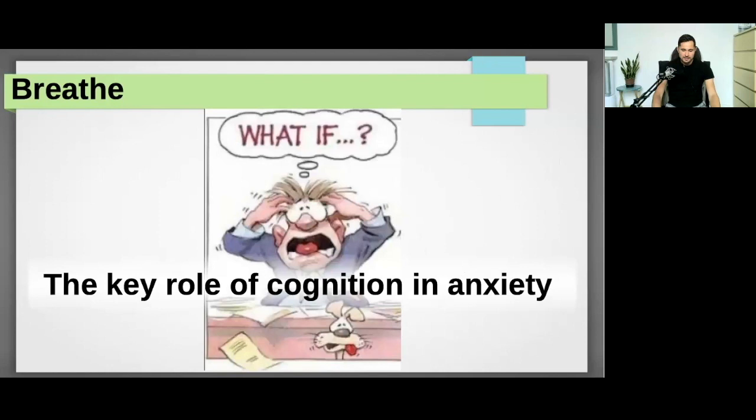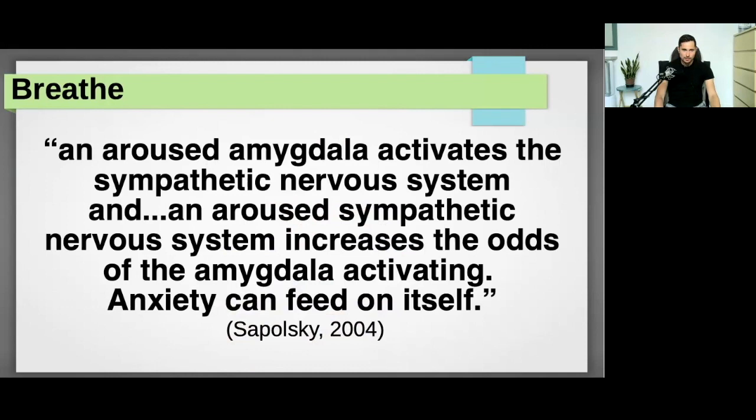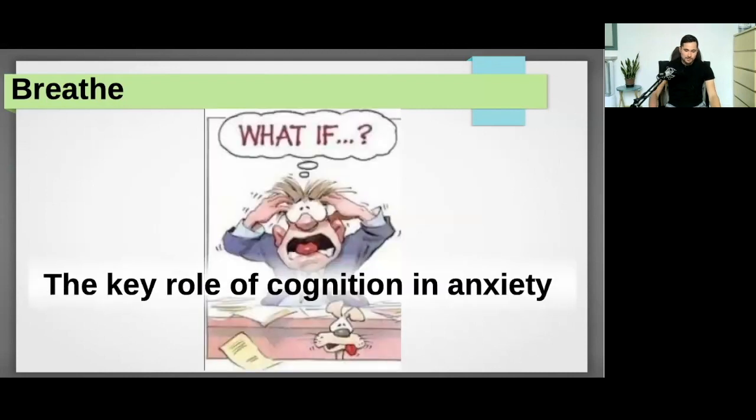Everything I've said so far applies to all animals, at least all mammals. But something particularly human is the fact that we have this really advanced cognition, right? A capacity for fantasy and conceptual thought. So we can actually trigger our fight or flight system just with fantasies and thinking, rather than necessarily the external environment being threatening.